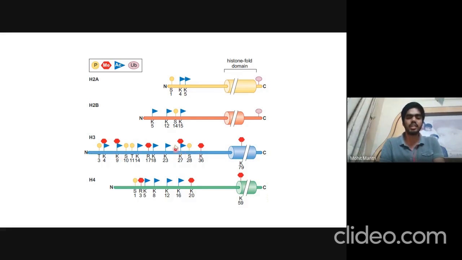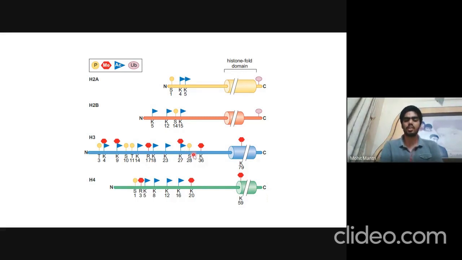And similarly, H3K27 is also a repressive mark. But if the methylation mark is present on the H3K4 lysine residue, then it will promote transcription. It is also seen that H3K27 methylation will suppress transcription, while H3K27 acetylation will activate transcription.